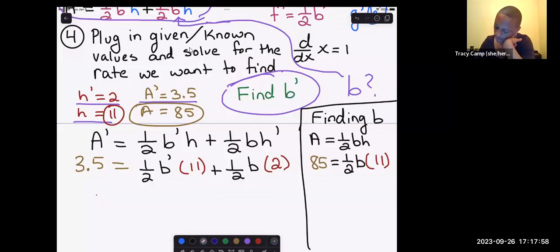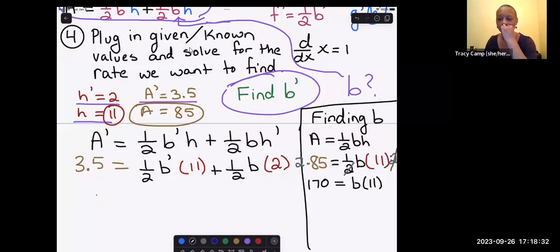On the right side, the 2's cancel. And on the left side, 2 times 85. I'm tired of the math, I think it's 170. Is it 170? I think it is. And then equals B times 11.